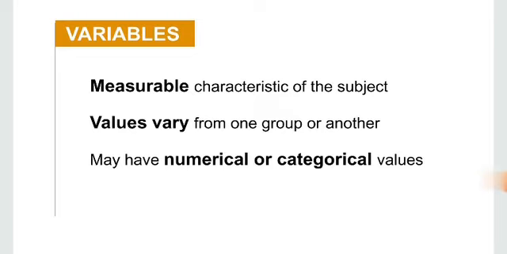So you would expect that in general, may pagkakaiba sila in terms of growth, yung mga plants on those groups. So variables can also have numerical or categorical values. So numerical, tulad ng plant growth, maybe in centimeters. Categorical, if you're talking about people, ayan, gender, male or female categories.